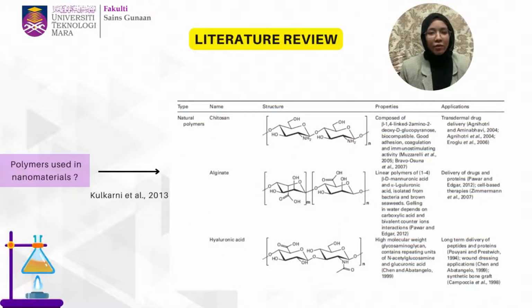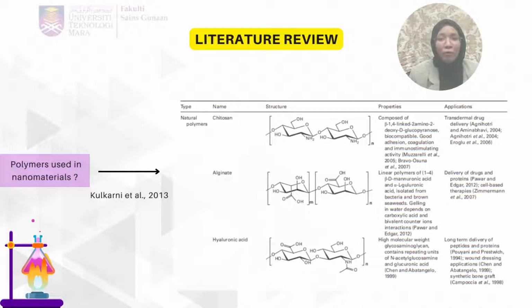These are examples of biopolymers used in nanomaterials. Chitosan is a natural polymer applied in drug delivery for Alzheimer's disease, where it appears as a biodegradable and stable transportation for delivery of medication towards the central nervous system and is appropriate for CNS targeting. Alginate is applied in the delivery of drugs and proteins, while hyaluronic acid is applied in long-term delivery of peptides, wound dressing, and synthetic bone graft.